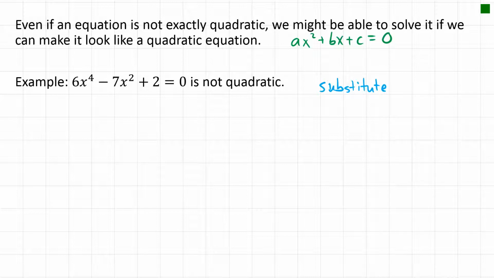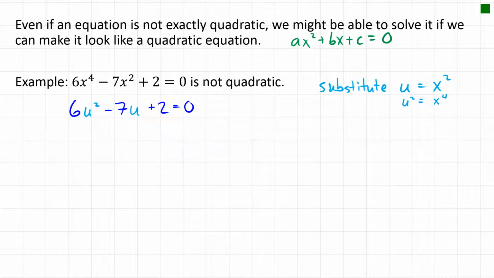So we will substitute u instead of x squared, because x to the power of 4 would then be equal to u squared. If u is equal to x squared, then u squared is equal to x to the power of 4. So then we have 6u squared minus 7u plus 2 equals 0.